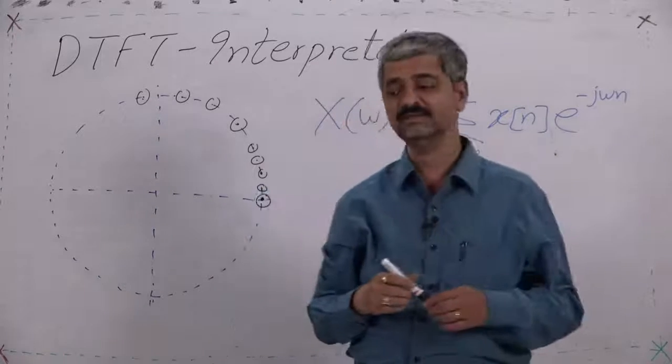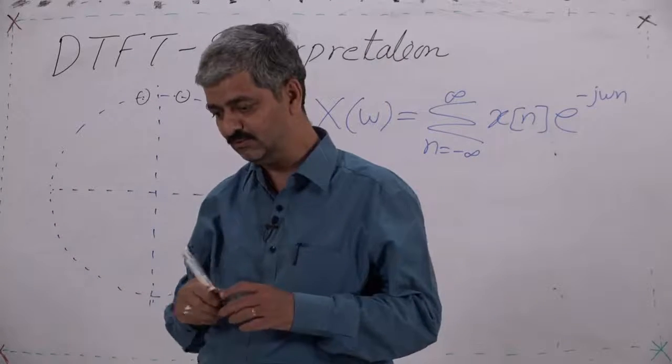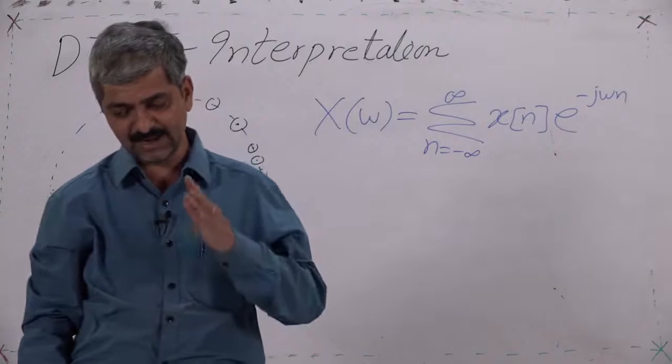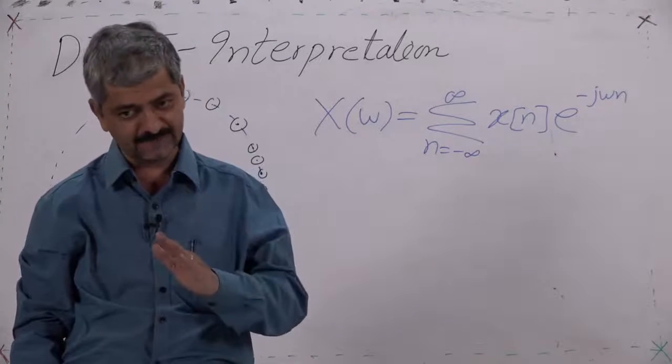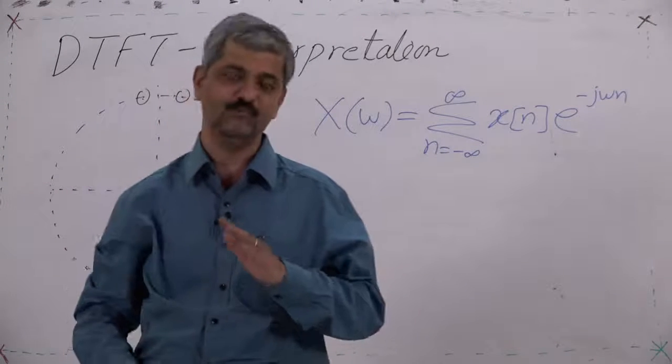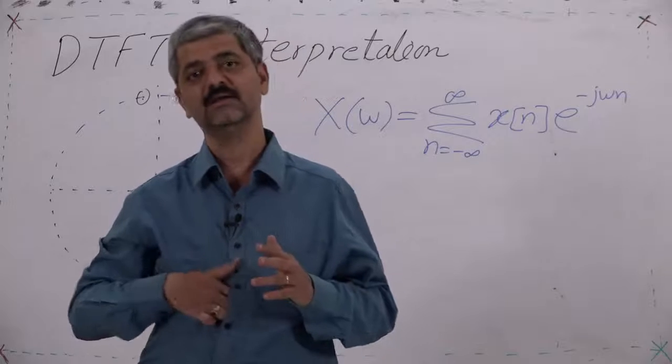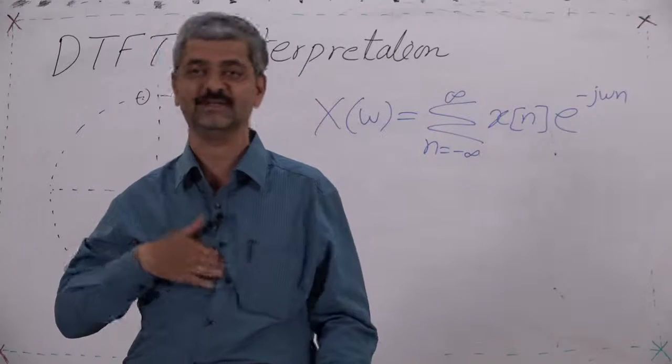of given samples. Now listen very carefully. Weights for given omega, weights are rotating points, and I have a sequence.